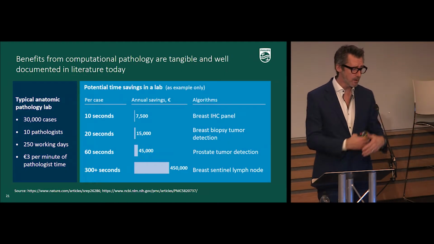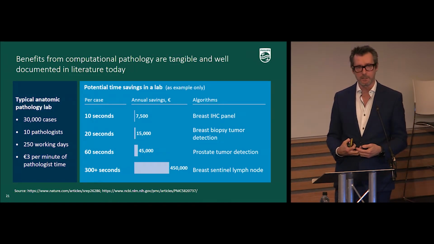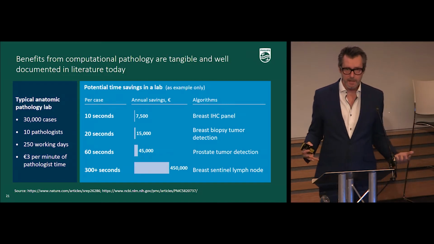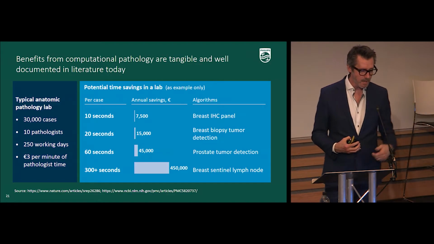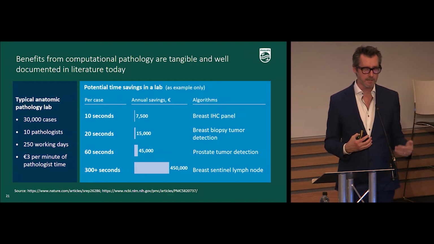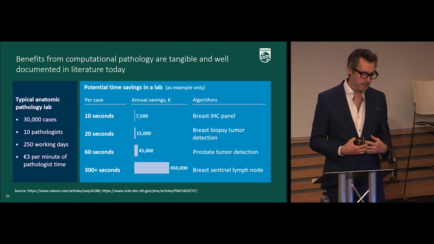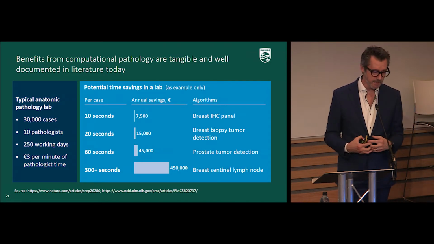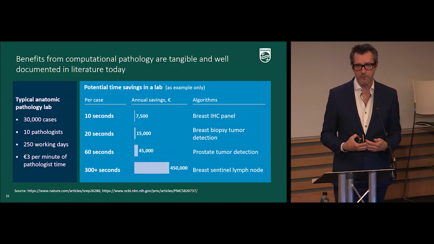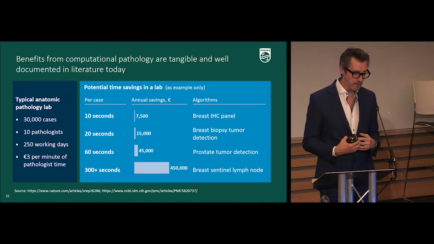Of course, outside of TissueMark, the literature has shown the advantages that deep learning applications and computational pathology can have in many other areas of diagnostic application. We've already talked about breast IHC, but you can see the types of time savings that can be made by using objective automated interpretation of tissue samples, including prostate tumor detection and, as we've already heard today, breast sentinel lymph node biopsy evaluation, the detection of metastases within those lymph nodes.